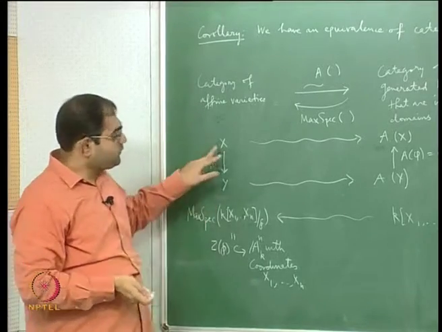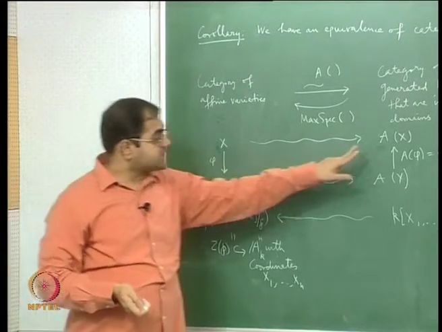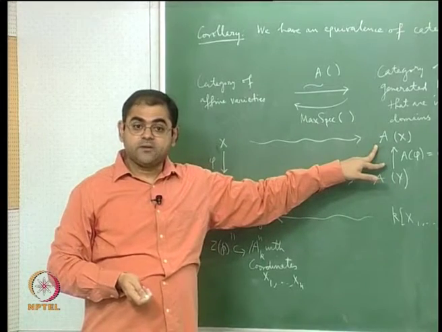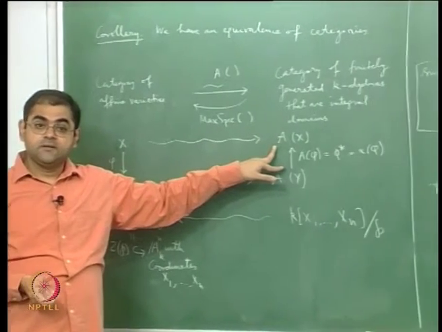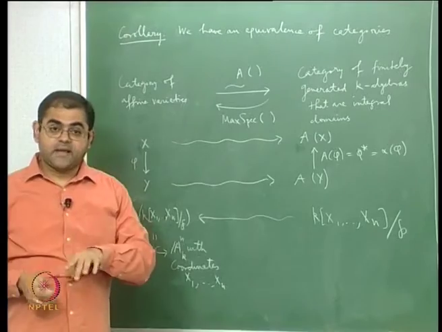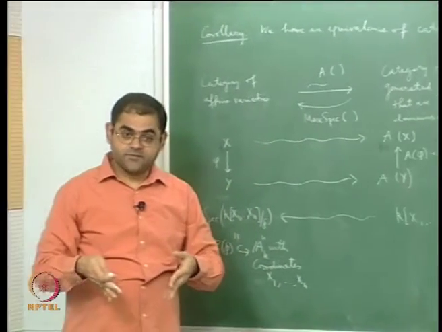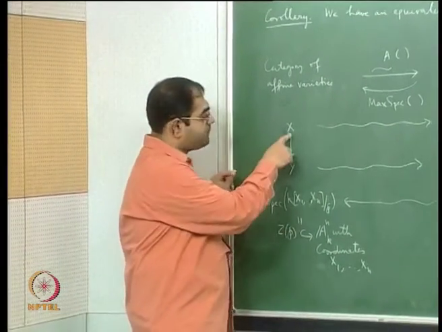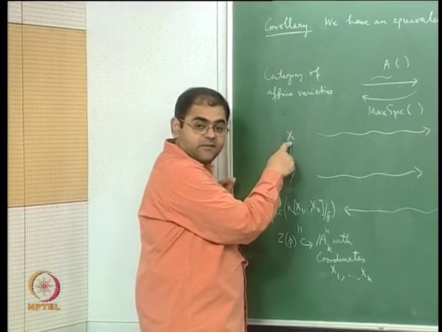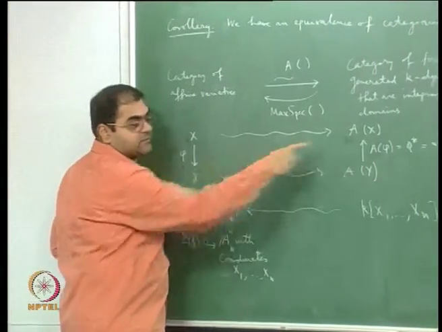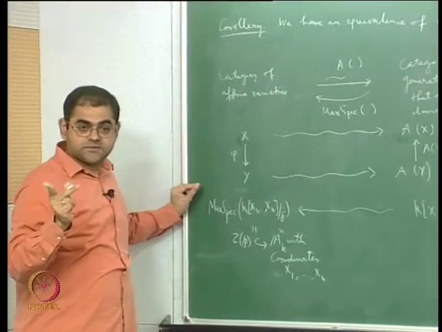But how is the affine coordinate ring defined? The affine coordinate ring is defined based on the embedding, based on the ambient affine space in which your affine variety is sitting. So if X is the plane A^2, then A_X will become the polynomial ring in 2 variables.